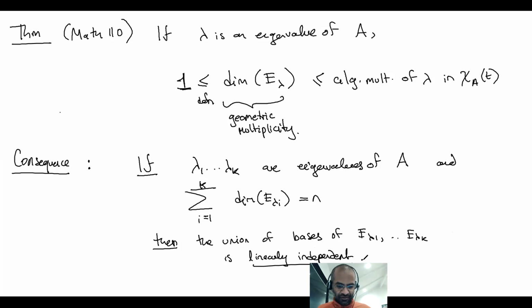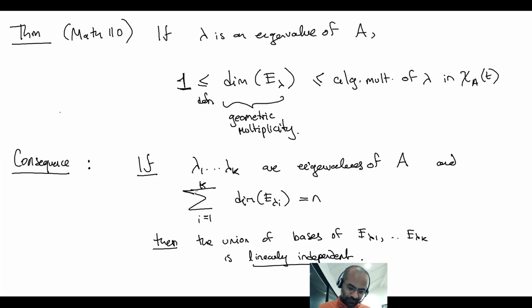What this is saying is that even if you don't have distinct eigenvalues, if your geometric multiplicities add up to n, then you again have n linearly independent eigenvectors.